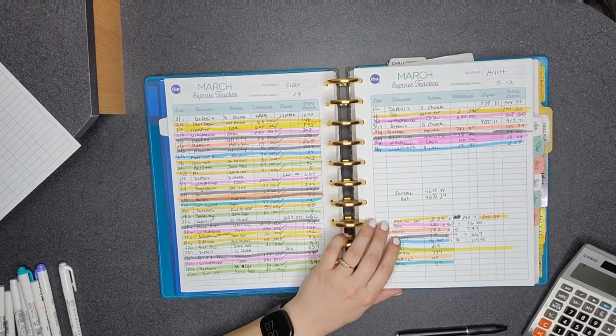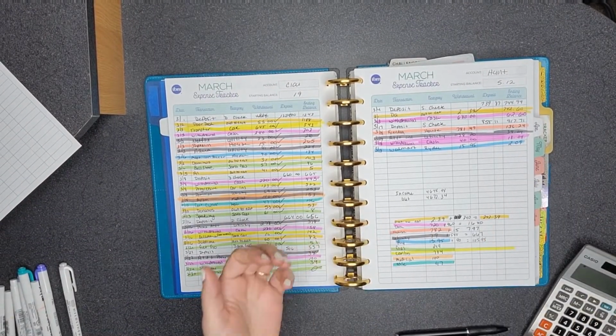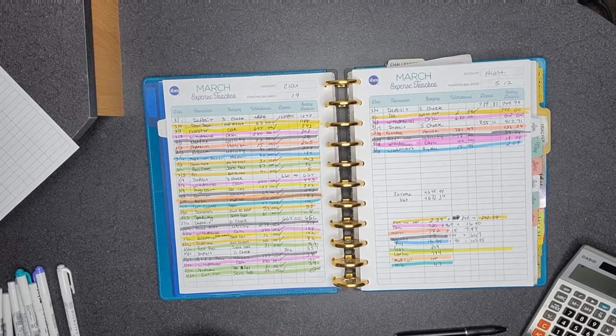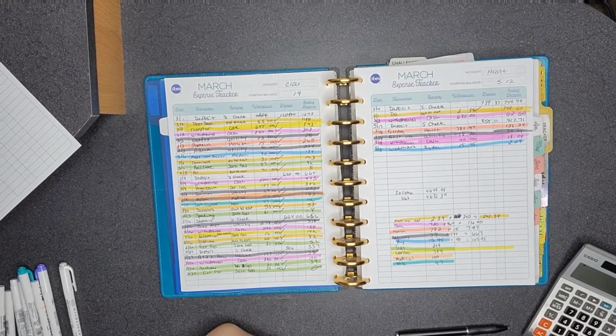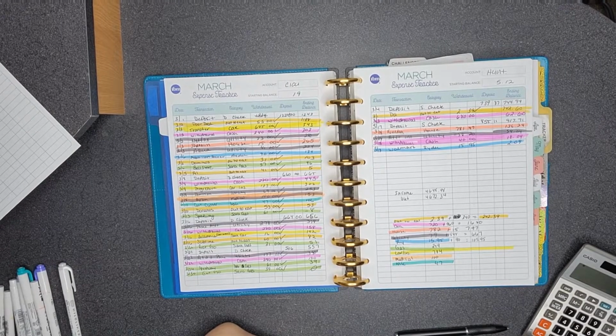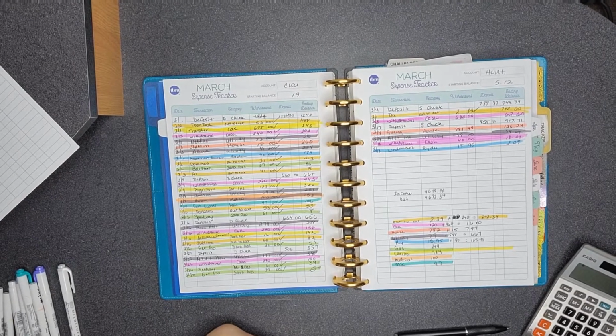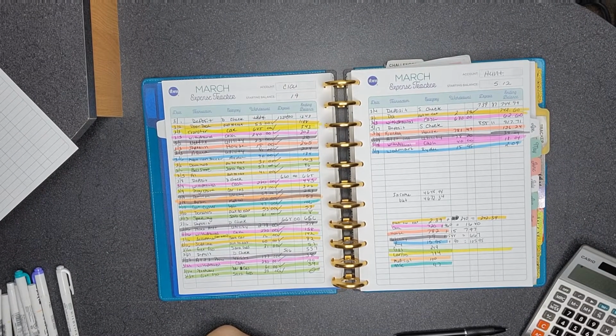So I have added all of my categories together. Out to eat, we ended up spending $242.39. For cash expenses, that was $1,680. The house was $797. Utilities, we ended up with $667 for the month.